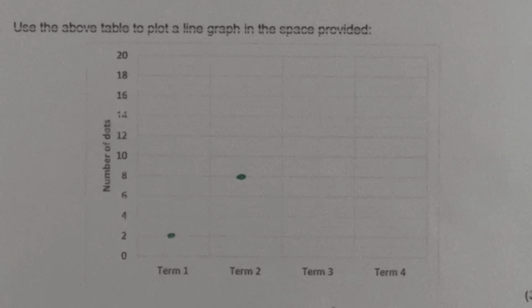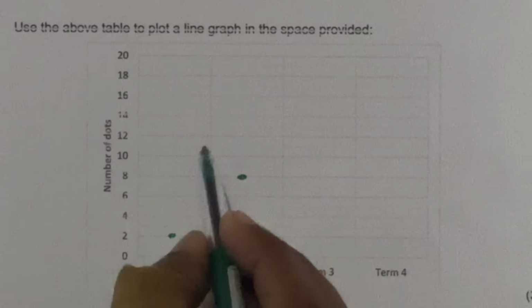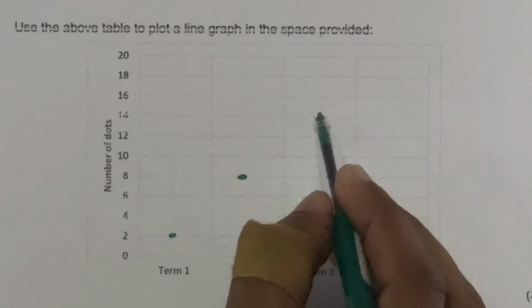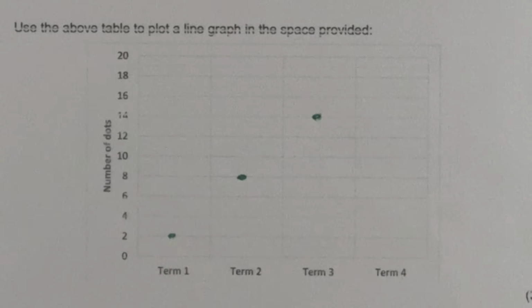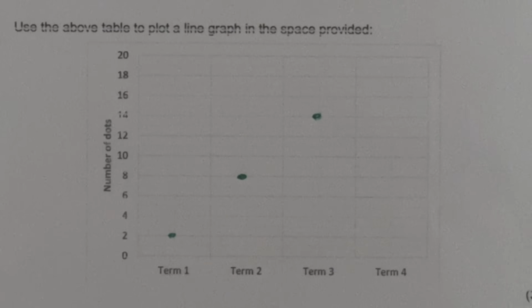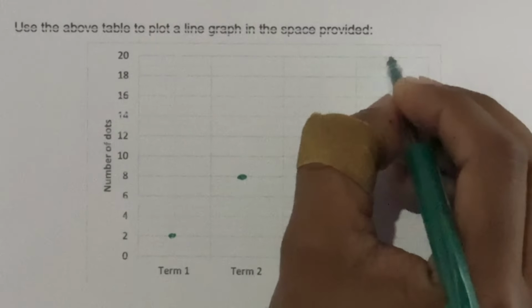And term 3 had 14 dots, so we're going to go to 14 all the way in line. Make sure that you are perfectly in line over there, and make a dot. For term 4, it is 20, which is right at the top.